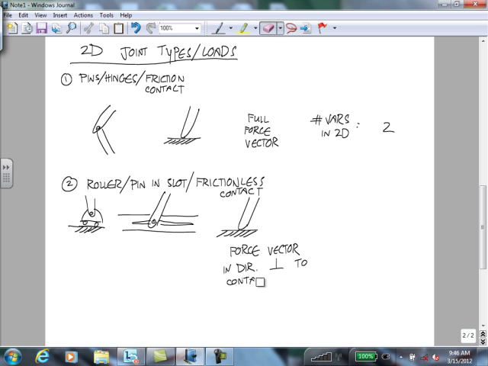This will apply a full force vector and a couple. So the number of variables in 2D is going to be 3.